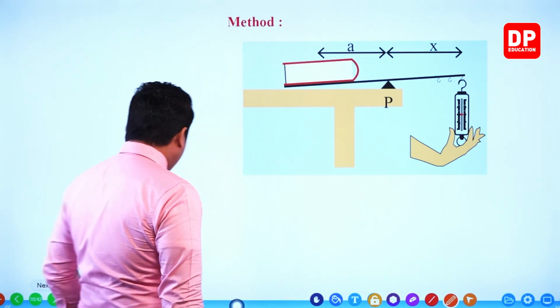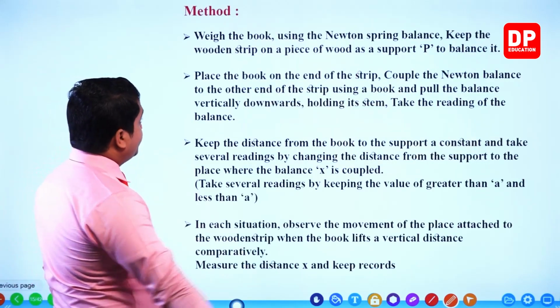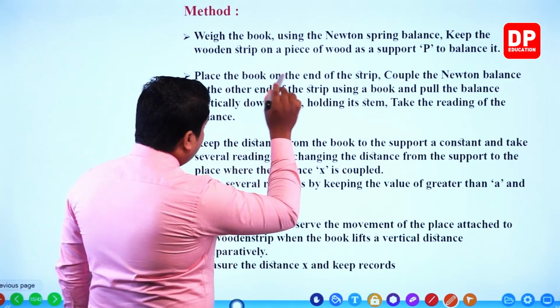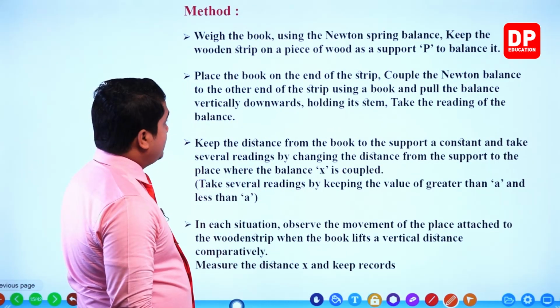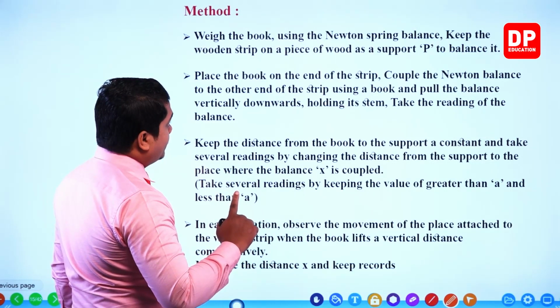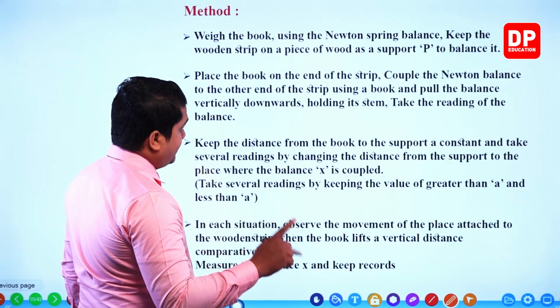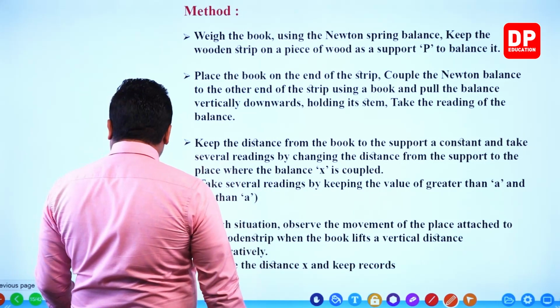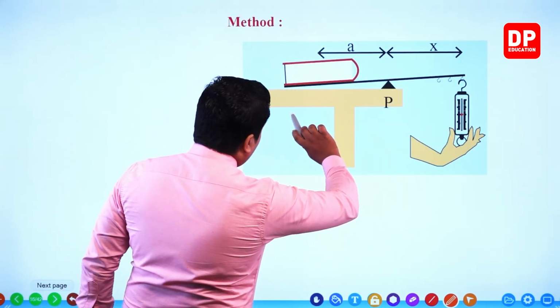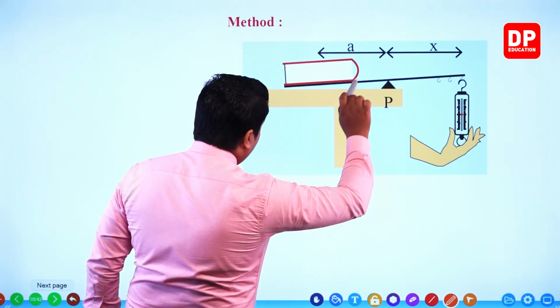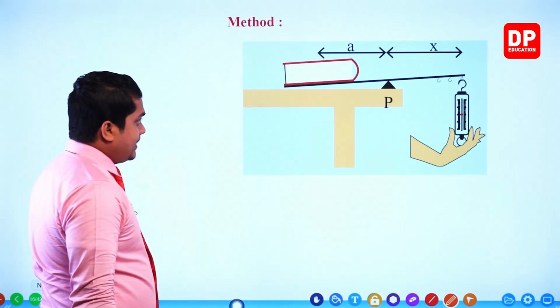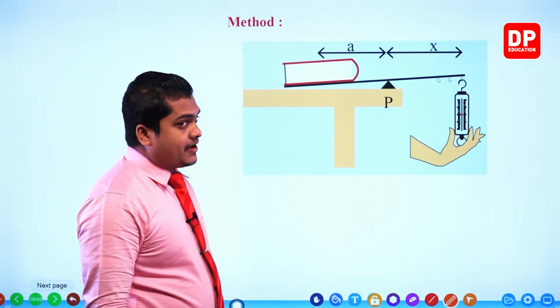So the first point means like this, my dear children. Weigh the book using the Newton spring balance. It's very simple. Keep the wooden strip on a piece of wood as support P to balance it. So you have to keep the wood log on the P point or else the P wedge.